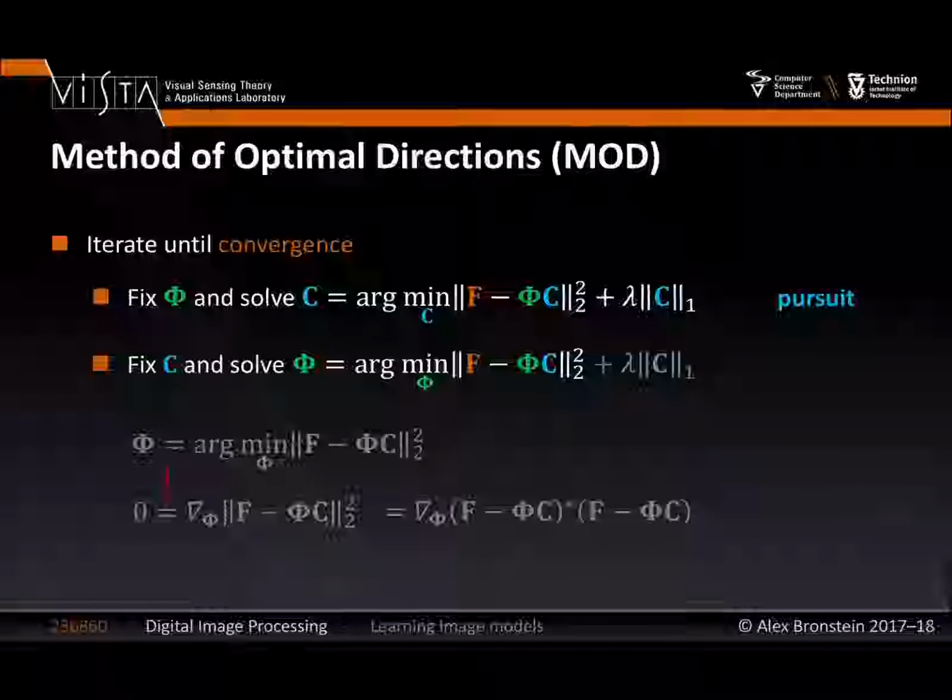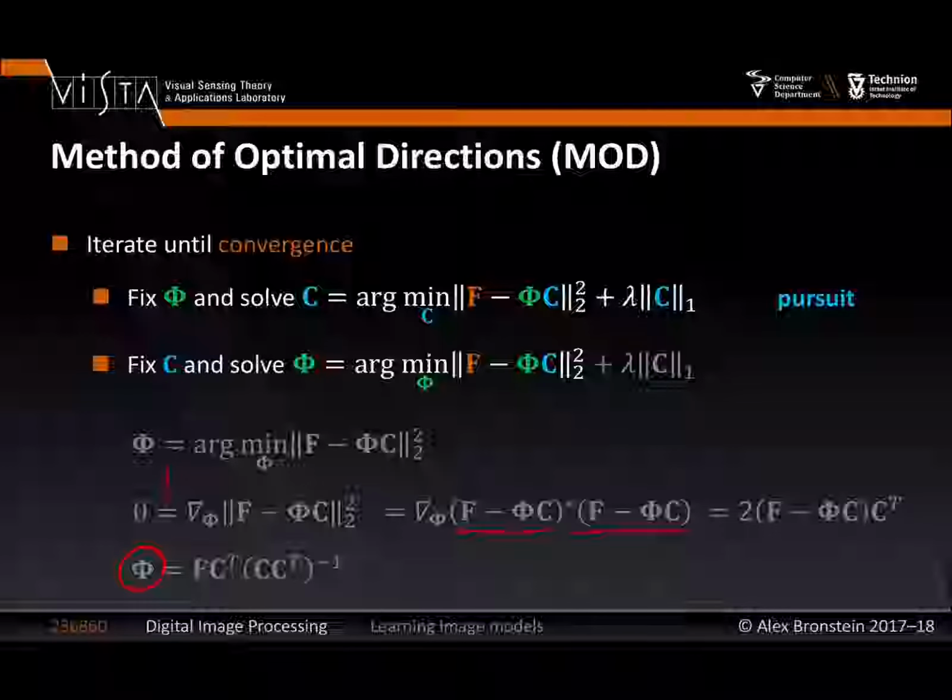So let's open this L2 norm squared as the inner product of these two expressions. Take the gradient with respect to phi. This is the gradient that we obtain, right? If you don't remember it by heart, just go to the matrix cookbook, and it has all these kinds of gradients of matrix valued functions and of different forms. But this is just the gradient of a quadratic function. Okay, so we demand equality to 0. And from here, we get a closed form solution for phi.